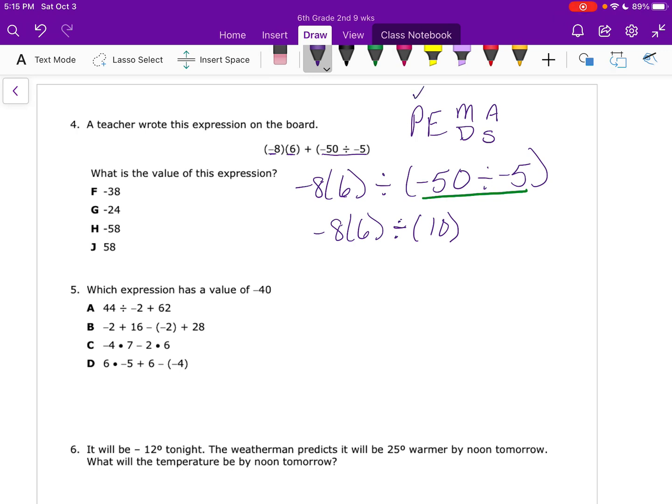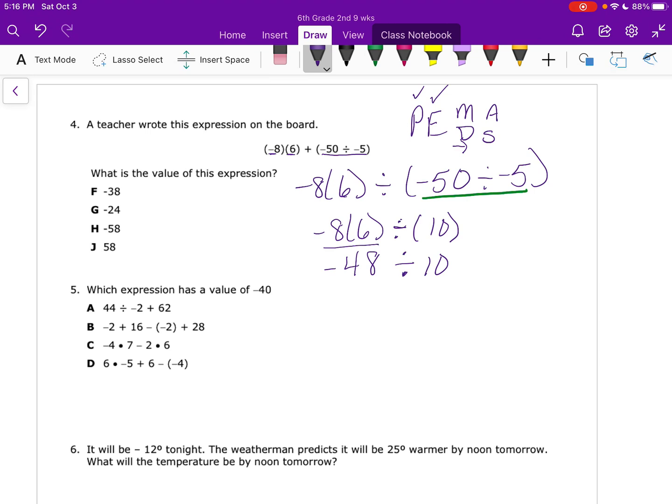Okay, so we've done parentheses. You're going to learn about exponents this year, so we don't have any of those. Then we're going to do our multiplication and division in order from left to right. So the first thing we come to is our negative 8 times 6. Negative 8 times 6 is negative 48, divided by 10. So negative 48 divided by 10.